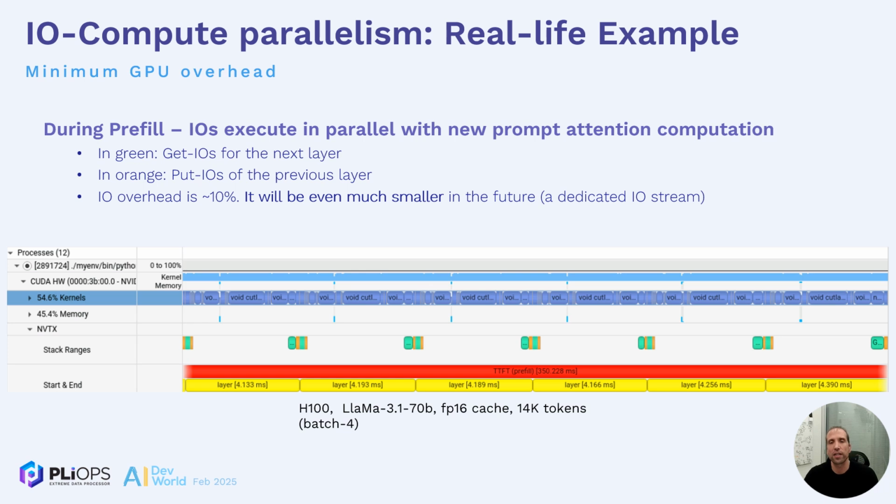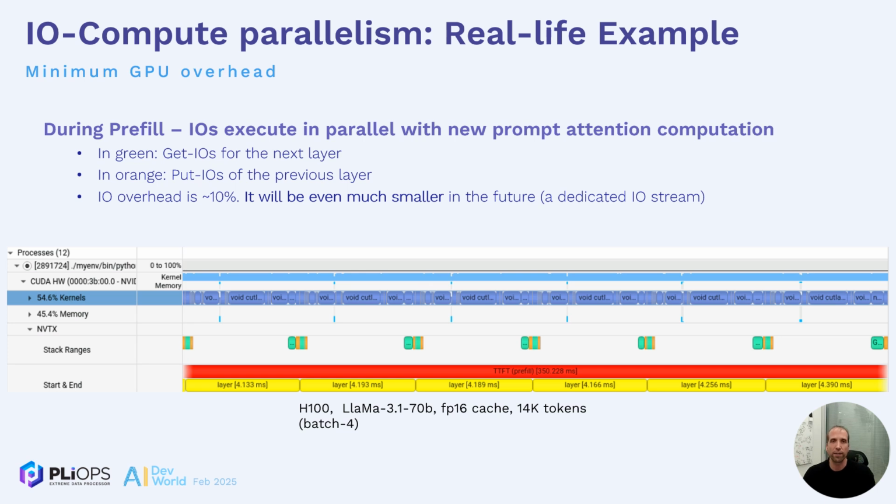Using conventional CPU-centric I/O introduces excessive CPU-GPU synchronization at every layer, increasing overhead and reducing efficiency. Instead, at Pliops, we built on NVIDIA's GPU-initiated I/O framework, where the GPU itself issues KV I/Os to Pliops shared key-value storage, asynchronously without CPU involvement. This enables full I/O compute overlap at zero CPU overhead.